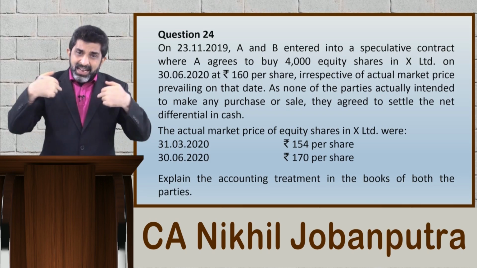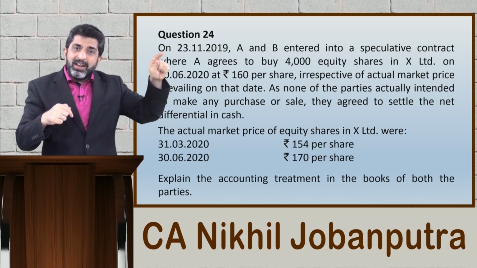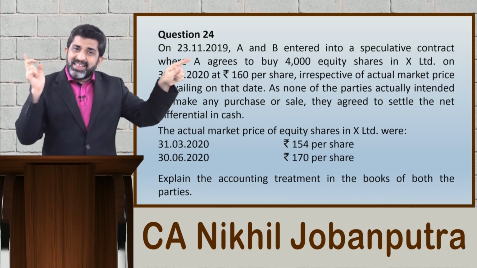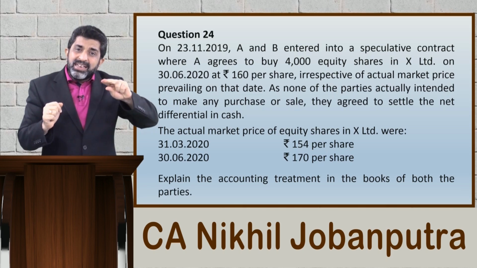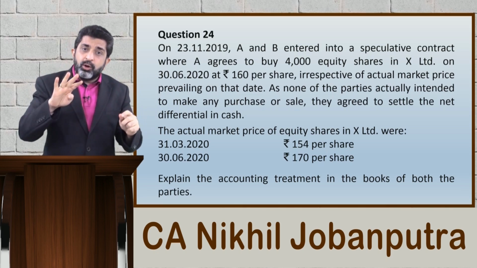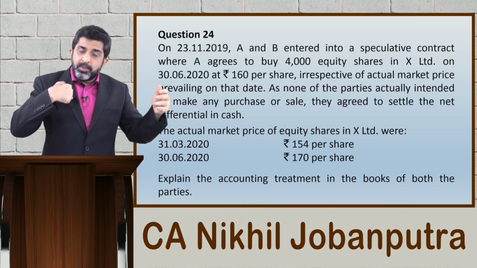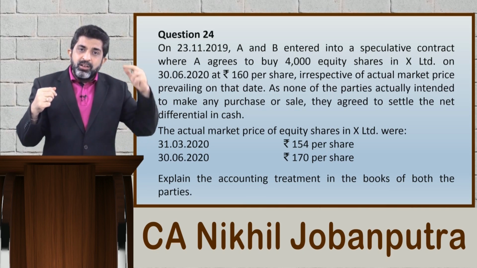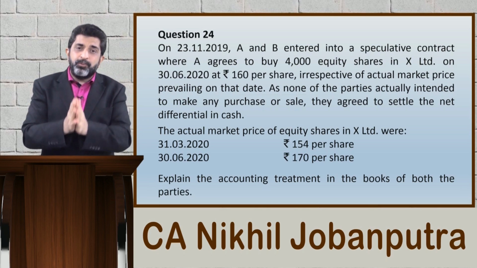So, the journal entry in my books on 30th June will be derivative liability debit 24,000, that is cancellation of the old derivative liability that I have created. Then derivative asset debit 40,000, that differential amount which is arising as a net benefit to me, and to P&L 24,000 plus 40,000, that is 64,000.